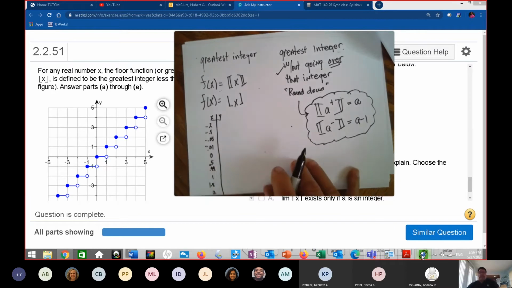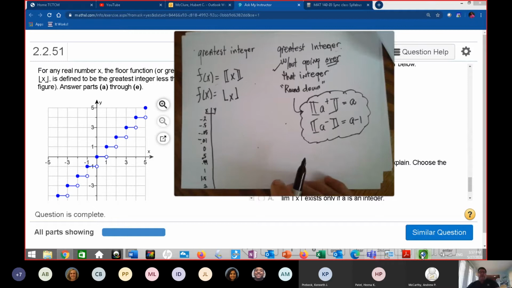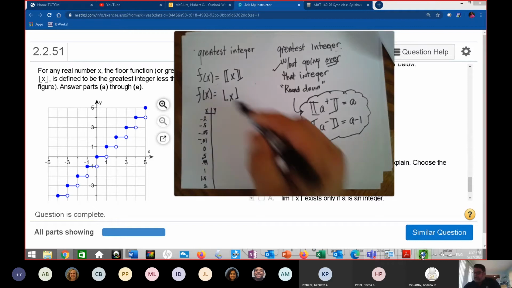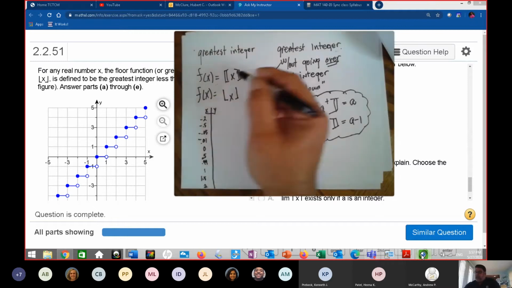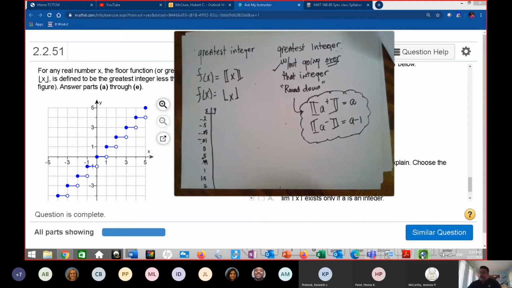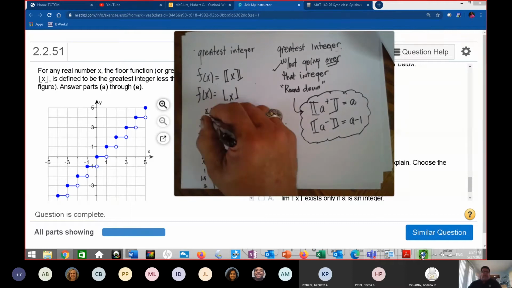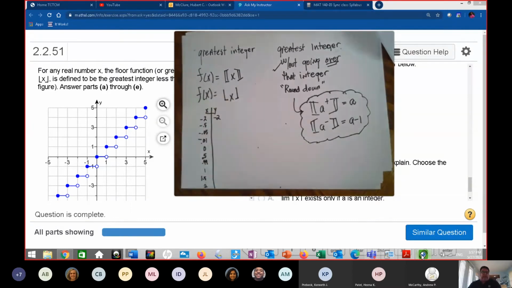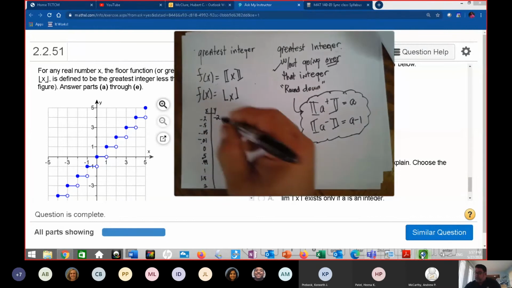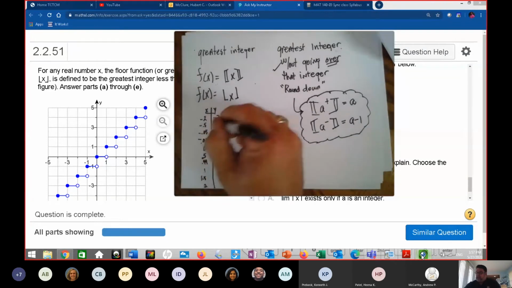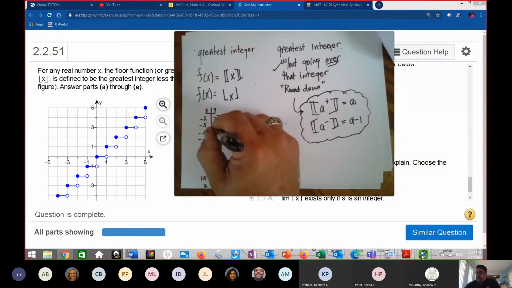So the function says if I plug a -2 in here, the only integer that is with -2 but not going over -2 is -2. -0.5 would be -1. -0.05 would be -1. -0.01 would be -1.